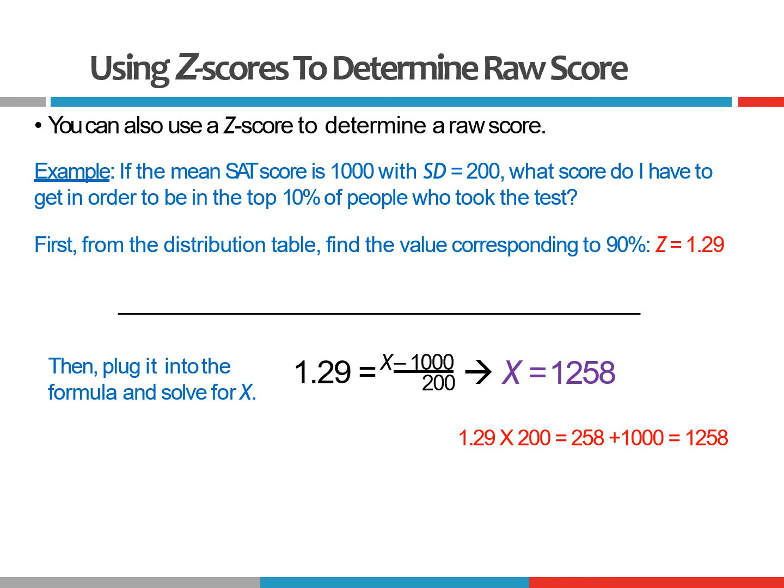The z-score corresponding to 90% is 1.29. So we input 1.29 for z, and then solve for x. Once we solve for x, we get a score of 1,258.